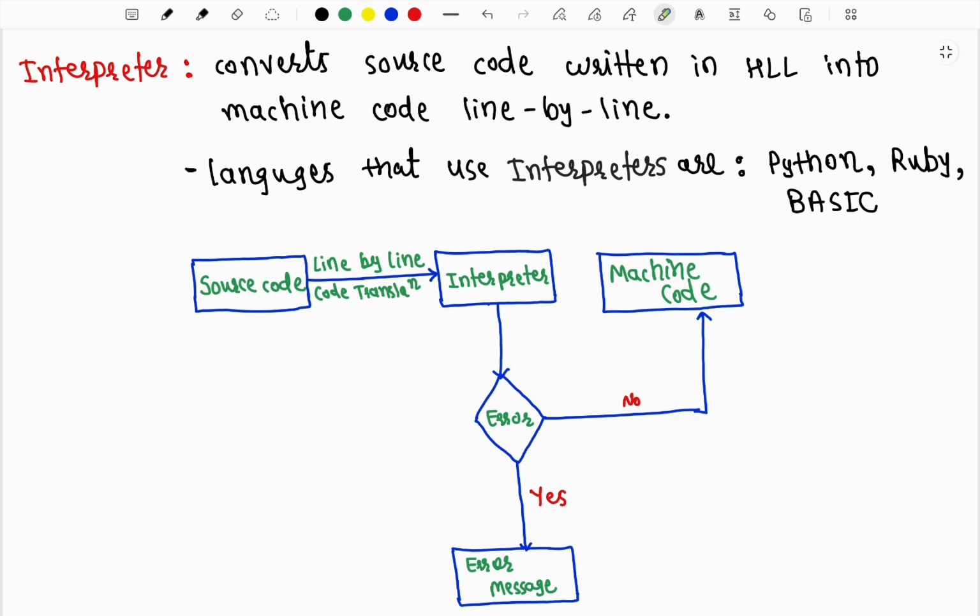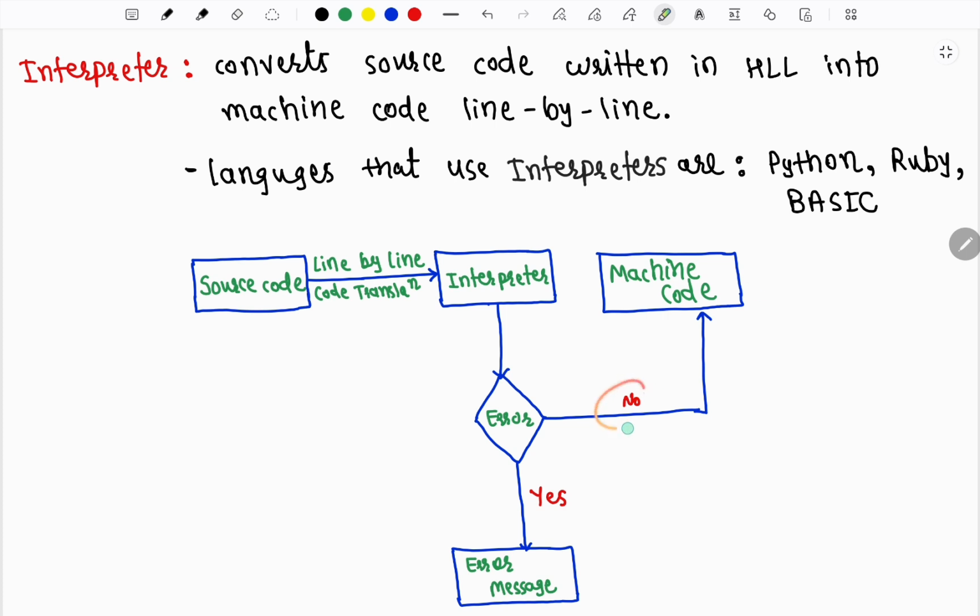Now, after translating each line, the interpreter checks whether that line contains any error. If any error is found, the interpreter immediately stops execution and displays an error message. The programmer must correct the error before the remaining lines can be executed.